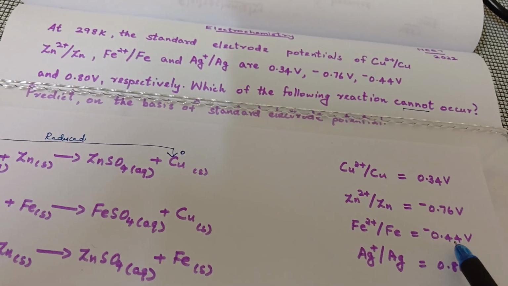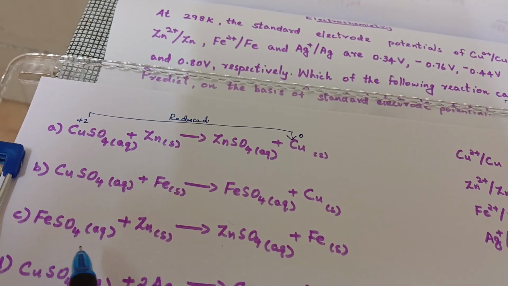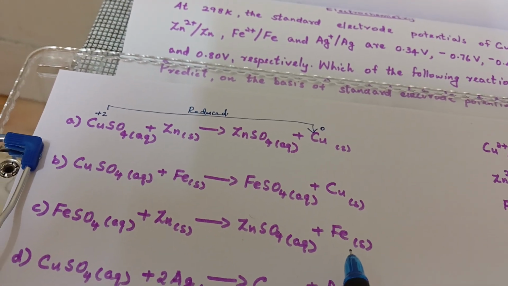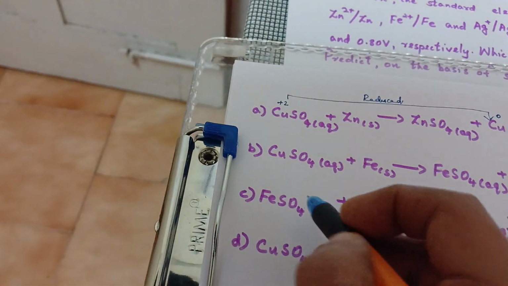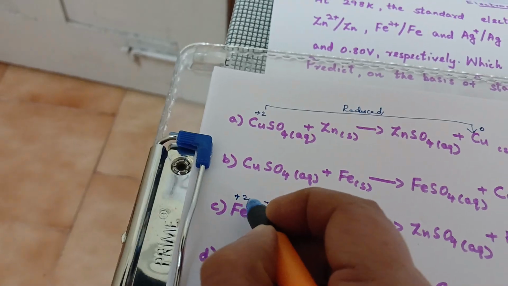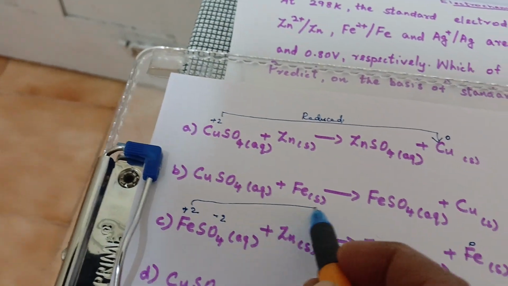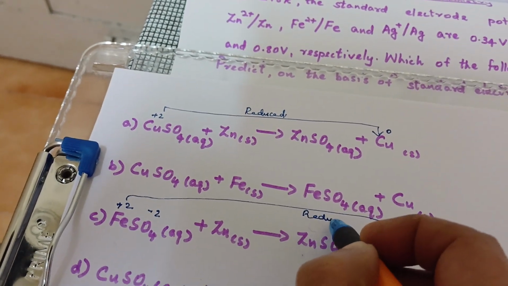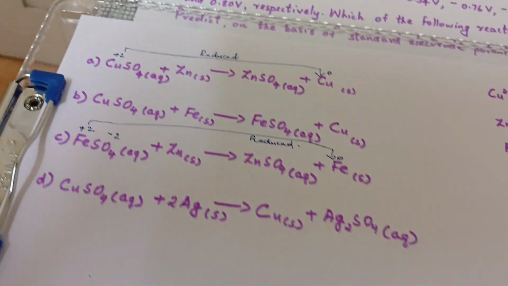So that means from FeSO4 we should get Fe. Yes, Fe is getting reduced here. That is, sulfate minus 2 oxidation state, Fe plus 2, and here it is 0. So here also reduction. All those three reactions are possible.